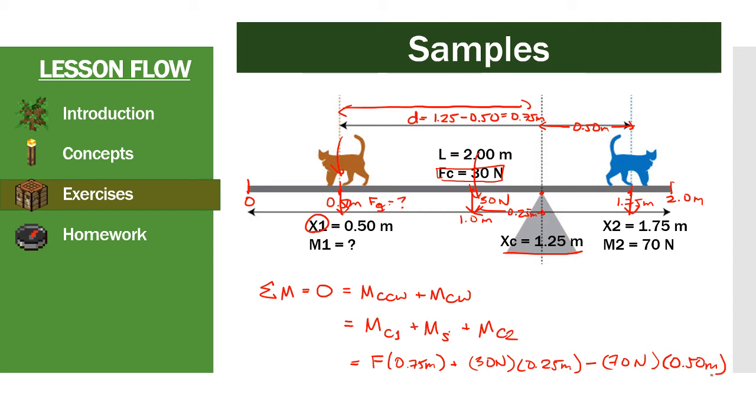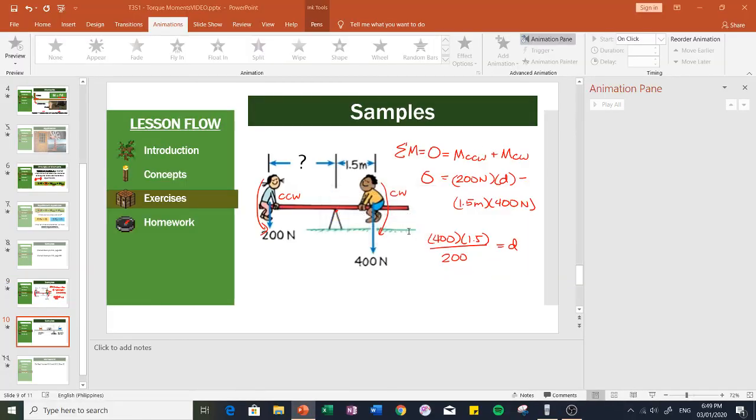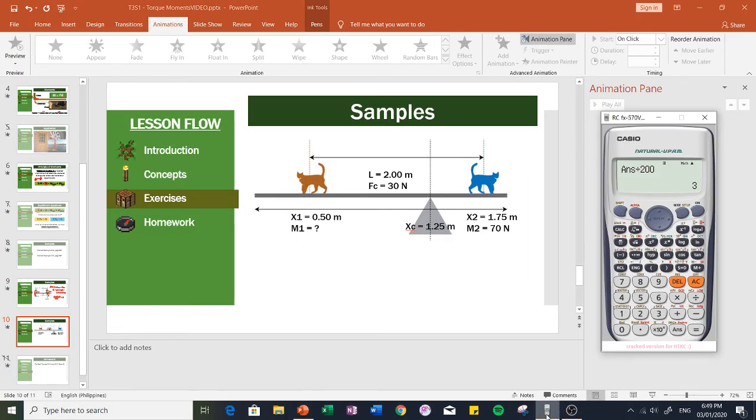When we run our calculations, we can put everything to one side. So it's just going to be 30 newtons times 0.25 minus 70 times 0.50, and then we divide by 0.75. Let me get my calculator real quick. I accidentally discarded everything.